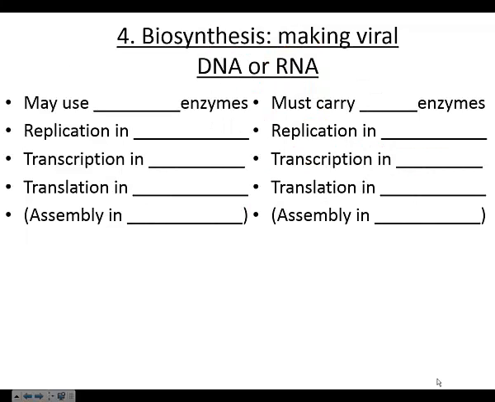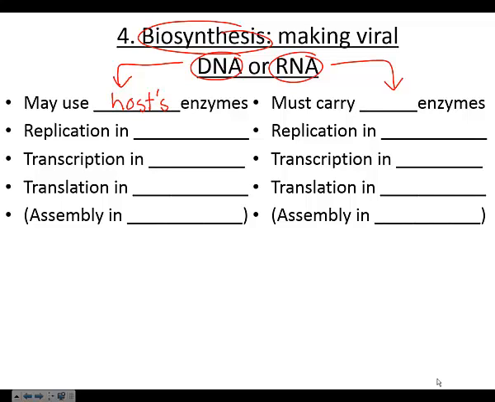Stage 4 is biosynthesis, or the production of many copies of the viral genetic information and proteins. In this stage, DNA and RNA viruses differ from each other. Because DNA viruses follow the central dogma and have the same type of genetic information as the cell does, these viruses can use the host's enzymes for biosynthesis.